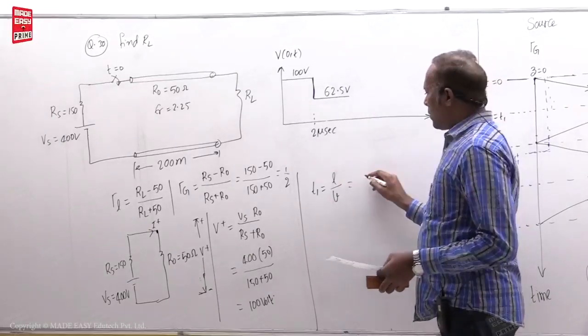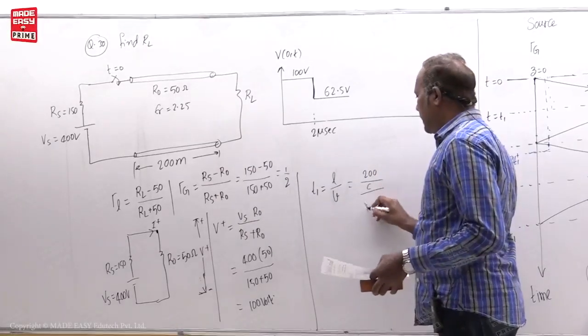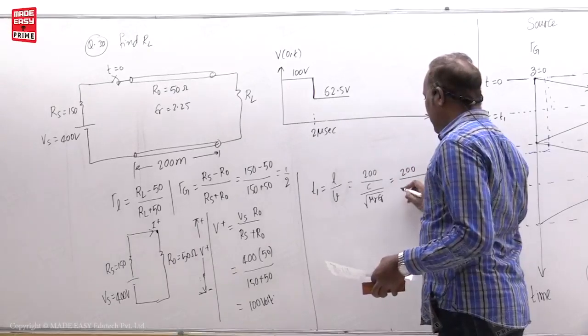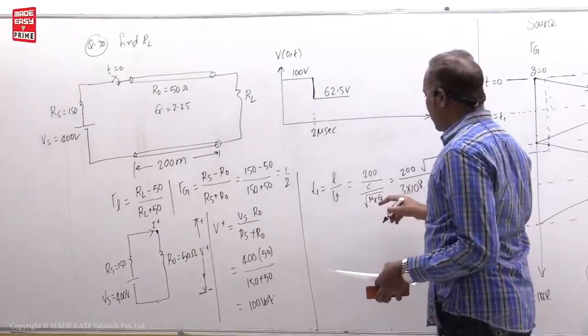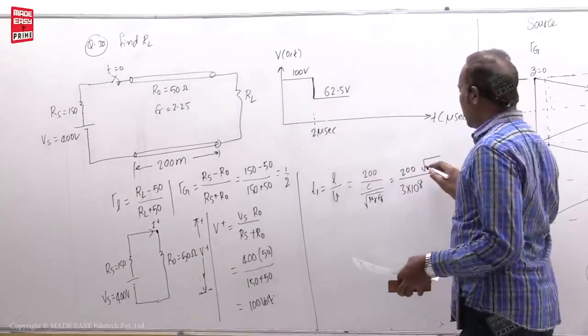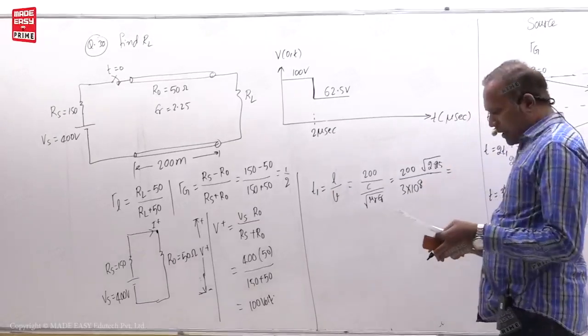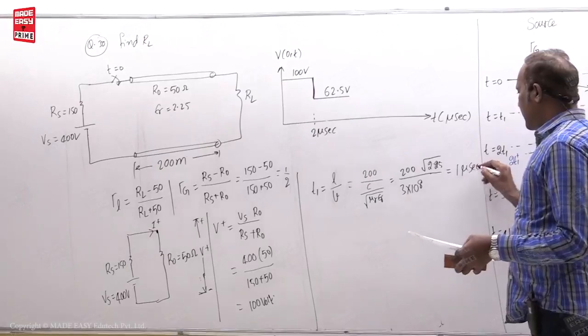L is how much given? 200 meter, it is given here. Divided by velocity, which is C by root of mu r epsilon r. So 200 divided by 3 into 10 to the power 8, then root of mu r is 1, and epsilon r is given as 2.25. Ultimately you get 1 microsecond, student. Okay, 1 microsecond.